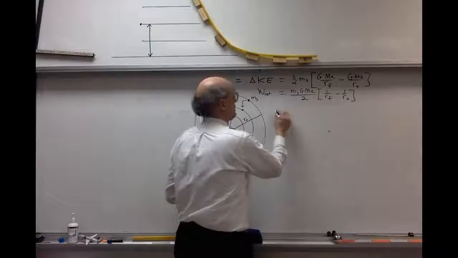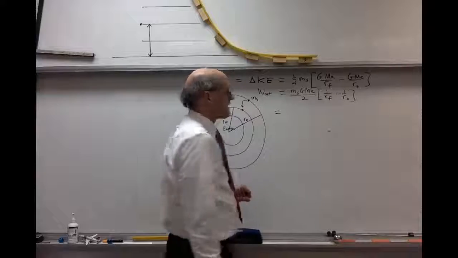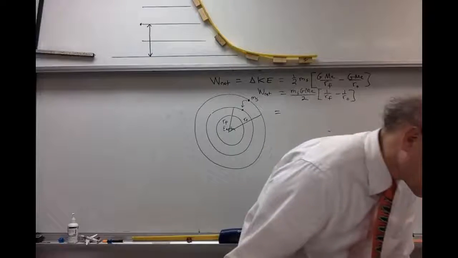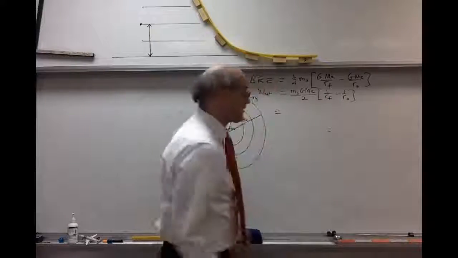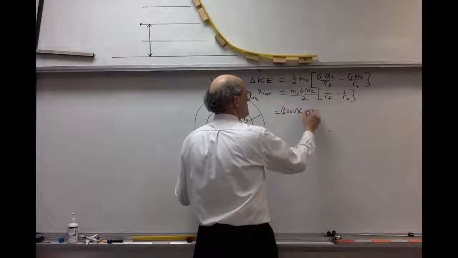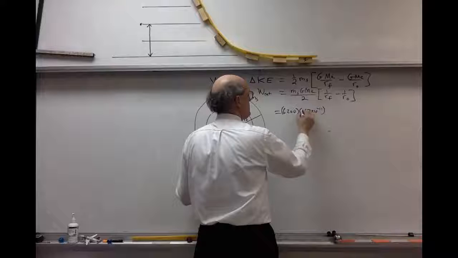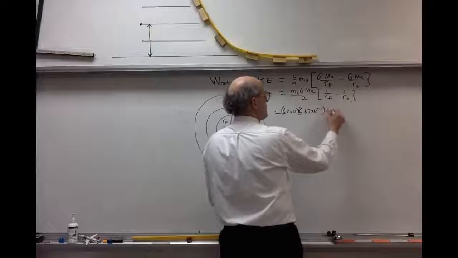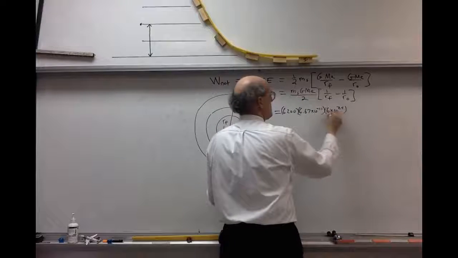the net work. Okay, so the mass of the satellite is given as 6,200 kilograms. G is 6.67 times 10 to the negative 11th. Mass of the Earth is 6 times 10 to the 24th kilograms.